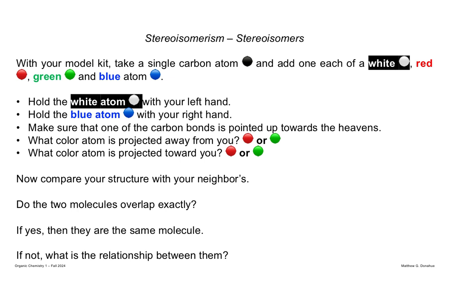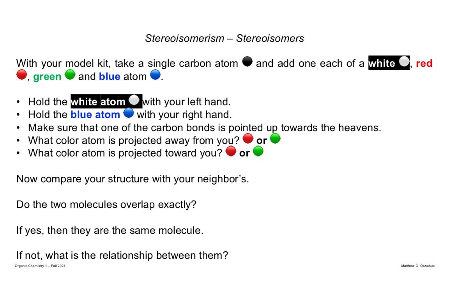So in the other model here, hold both in the right hand. You can see that the yellow and the blue overlap. But now look at the orientation of the red and green in this one. The red is towards you, the green is away. So we can overlap two of them, but the other two are different.